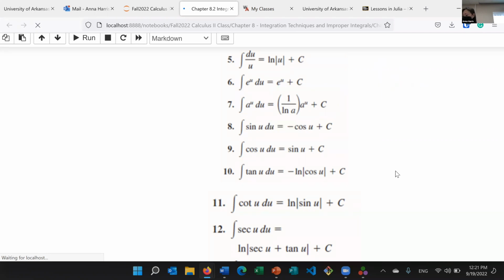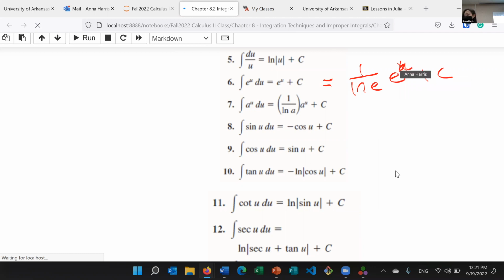This is actually the same thing. Look at this. The natural log applies the same way. This is the same as 1 over natural log of e times e to the x plus C, or u.